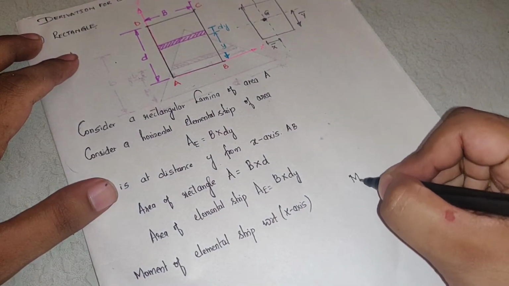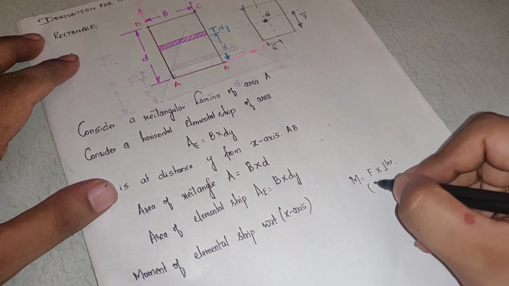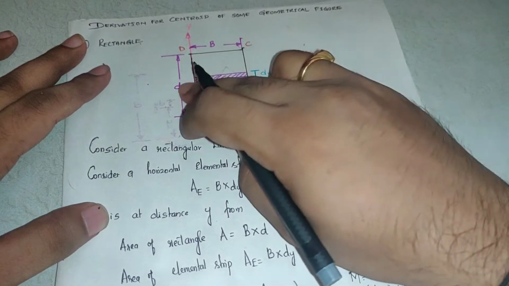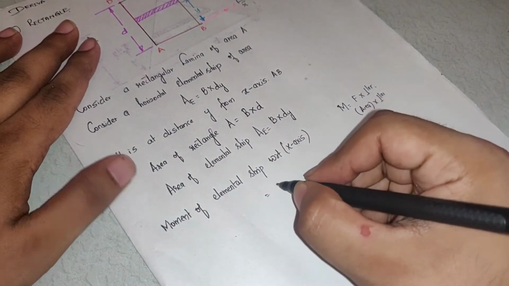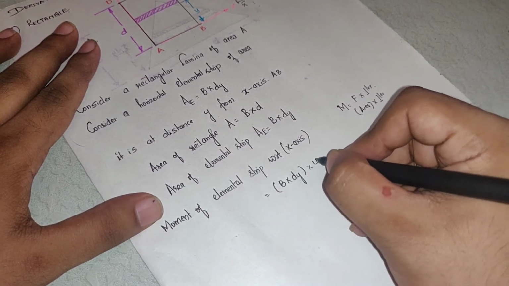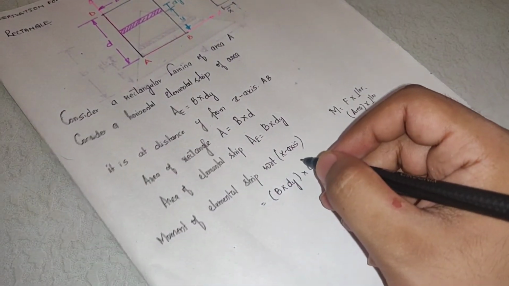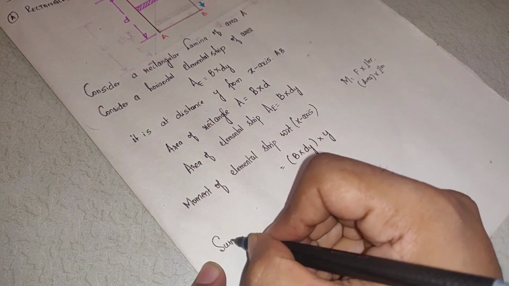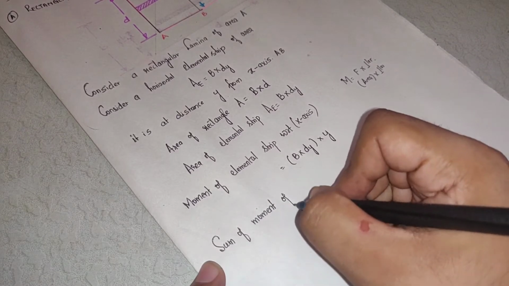We know that moment M is given by force into perpendicular distance. Here we are considering force as area. The area is B into dy, and the perpendicular distance is y. So the moment of the elemental strip is B into dy into y. Now what will be the sum of moments of the elemental strip?